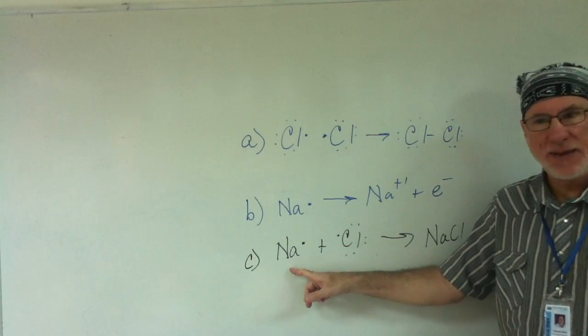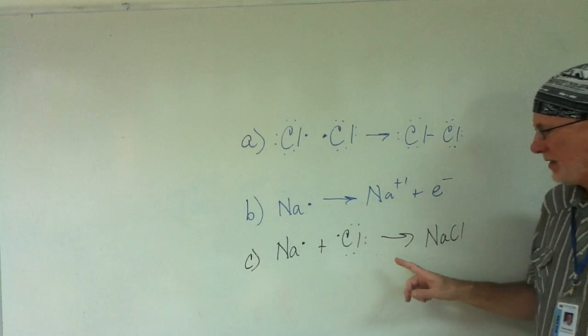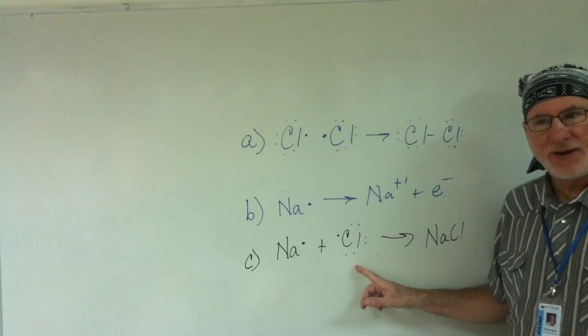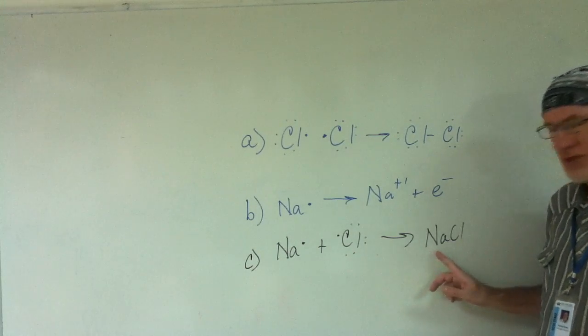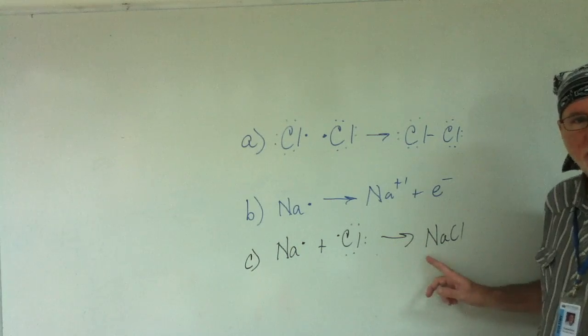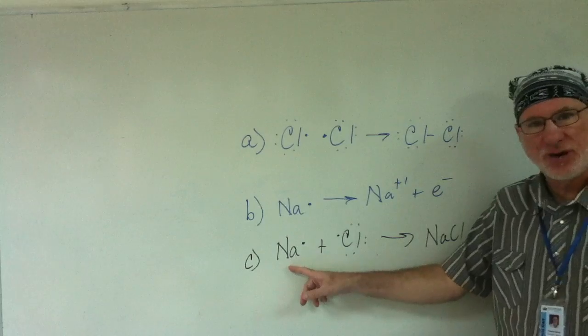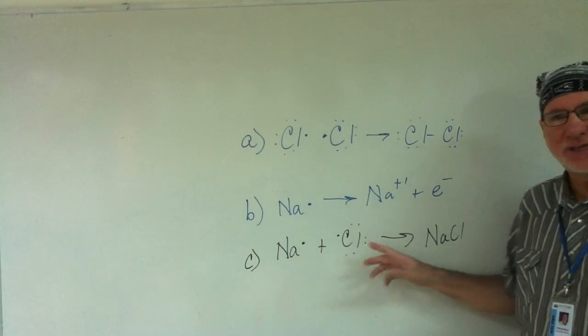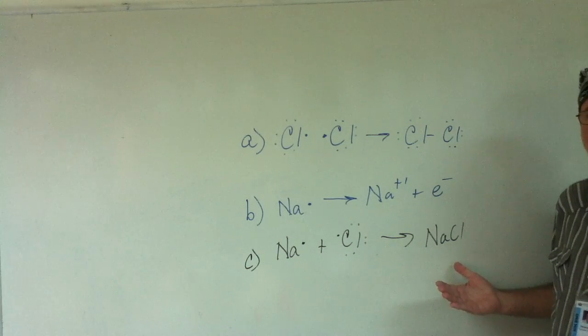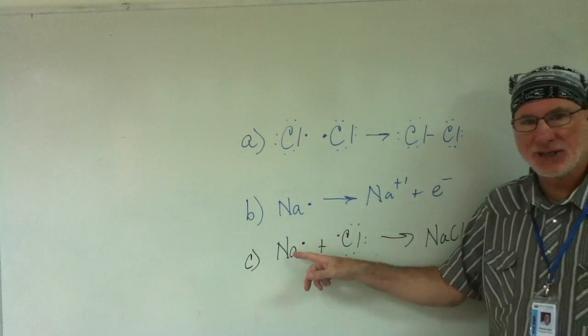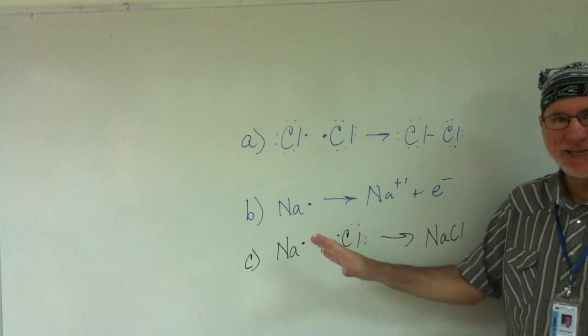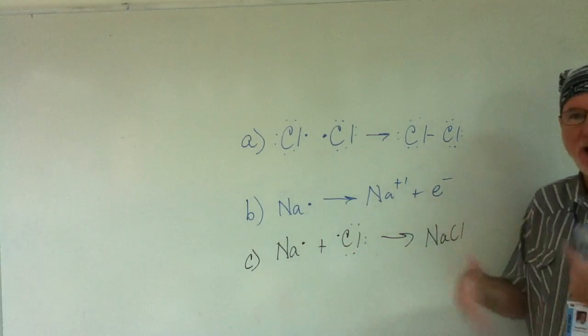Here, this may be endothermic, but giving it to this will be very exothermic. So the sum of the reaction is going to be exothermic. Even though that's endothermic and that's exothermic, the sum is going to be very exothermic, correct? Even though you're getting rid of that electron, fair enough, that takes energy, but consider the sum of the reaction.